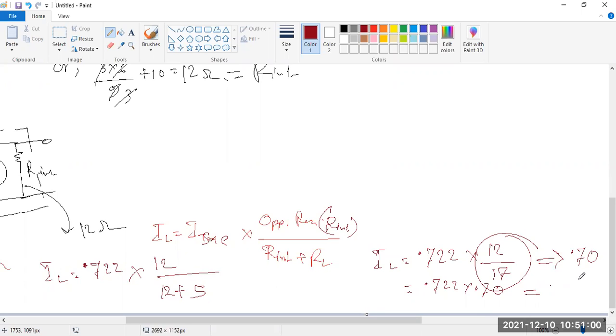So it is coming 0.509 ampere. So a very small amount of ampere. So this is your answer. Your answer is 0.509 ampere.